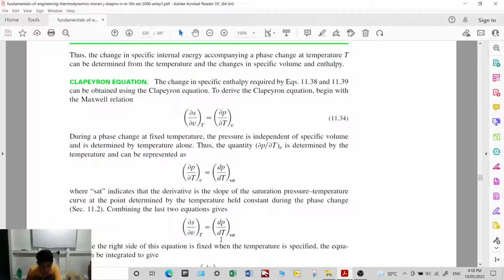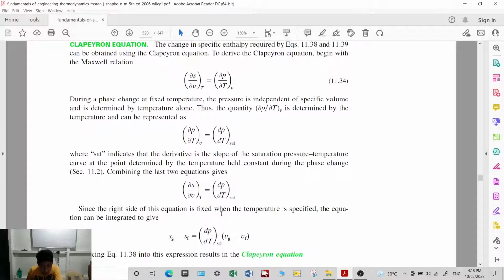Based on this, this term is equal to that. And since the right side of this equation is fixed when the temperature is specified, we can integrate it, because in a phase change the temperature is constant.